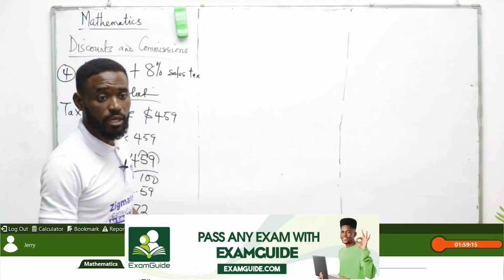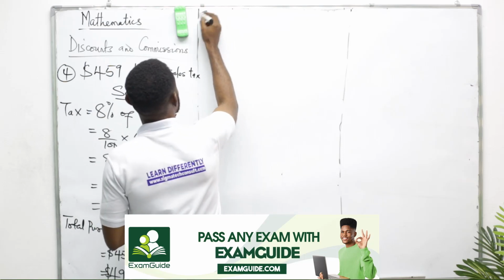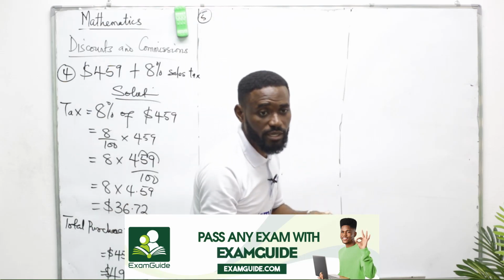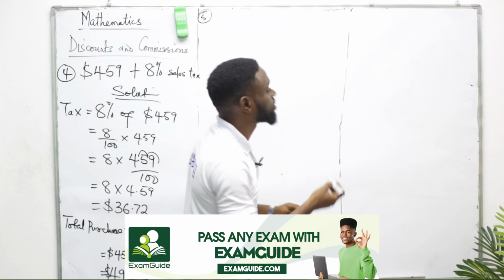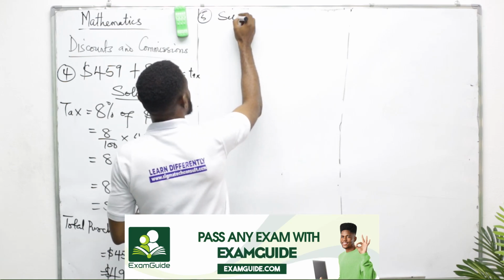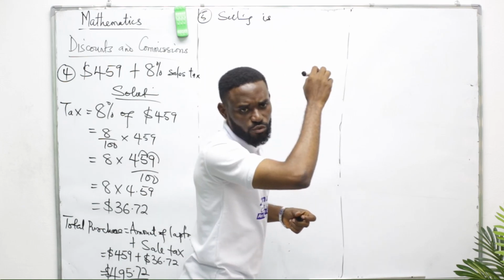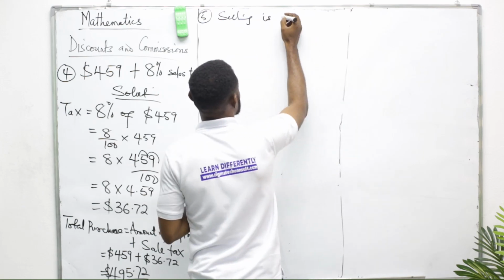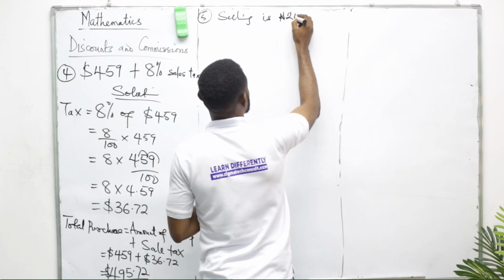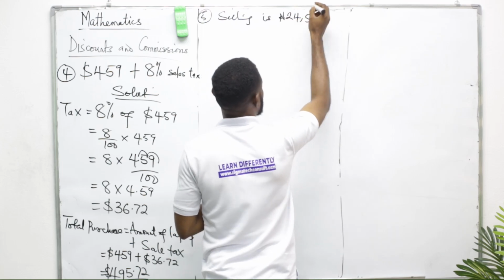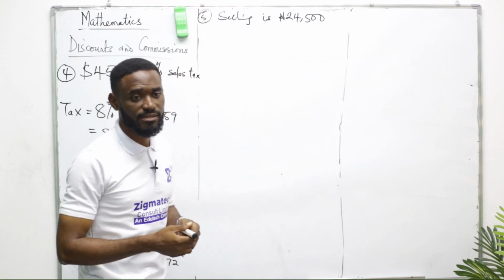Okay. So, number 5. The selling price of an article is 24,500 naira. That is the selling price. Full stop.